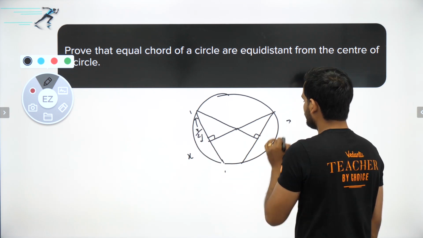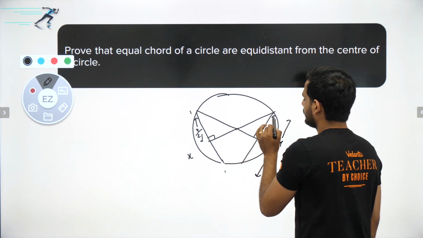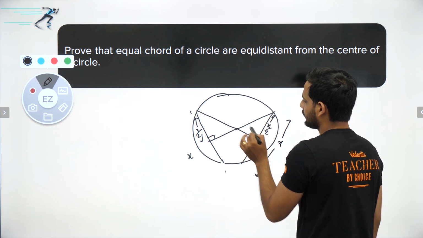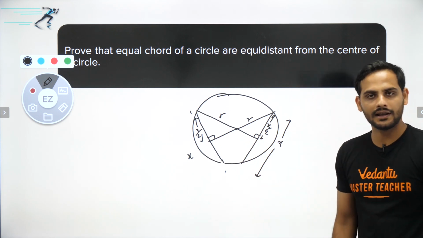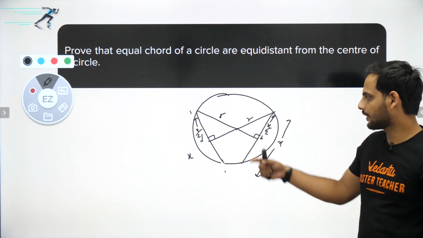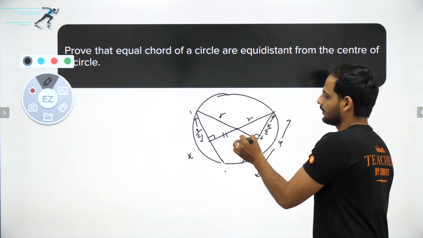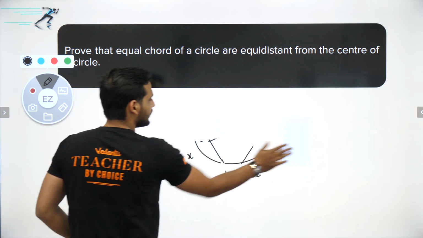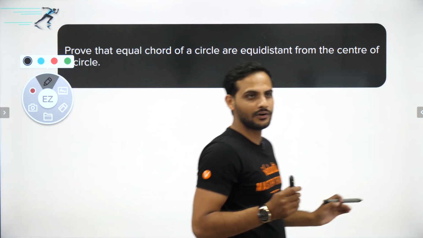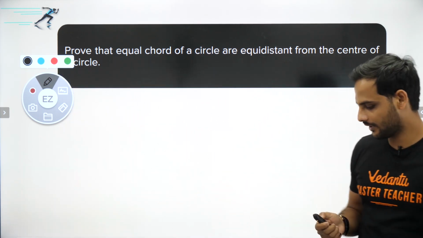And since both the chords are equal, if it is also x, this part will be x by 2. This is your radius, and 90 degrees. So right angle hypotenuse side rule, you can say both the triangles are congruent. So by CPCT, the perpendicular length is also equal. So easily questions can be solved. Okay, chalo, let's move to the next question.